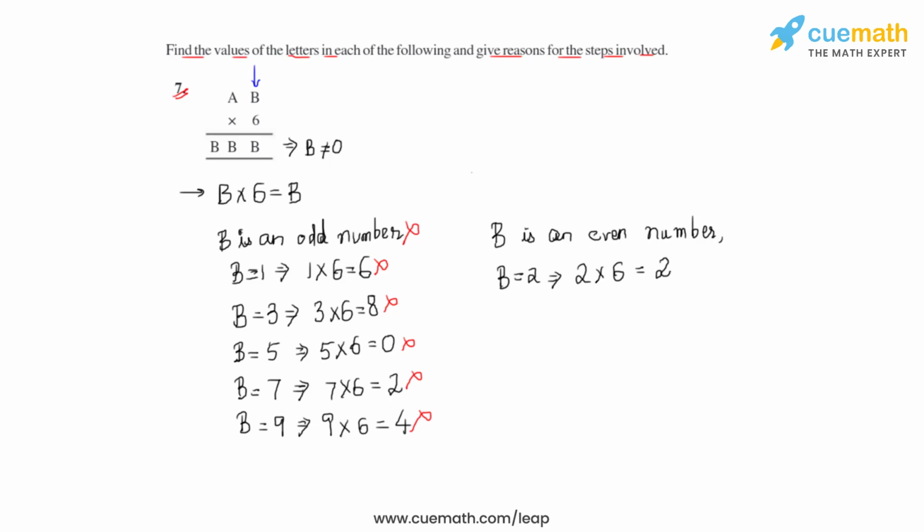Now let us take the product. If in place of B, I put 2 and 6 here, we'll get 2, 2, 2.